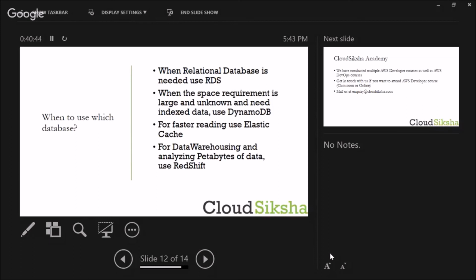Of course, you have to read more and get into the nitty-gritty details about each of these services, because sometimes you get questions which are more detail-oriented than concept-oriented, but they are fewer in number. Once you understand the concepts, a lot of these scenario-based questions you will be able to answer. So that was my idea, to give you the concepts.